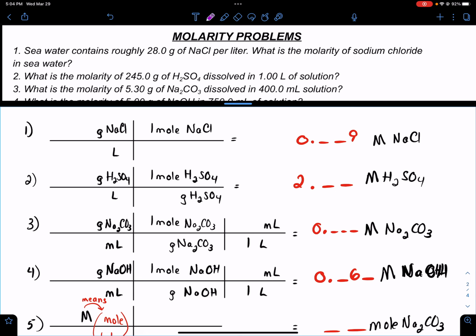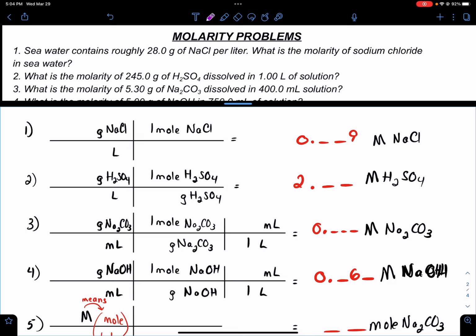Now, question 1: seawater contains roughly 28 grams of salt per liter. So that 28 grams is not in moles. Yes, it tells you what your mass is, but it doesn't tell you your quantity. So what we have to do is take that 28 grams and change it to your quantity, your moles.